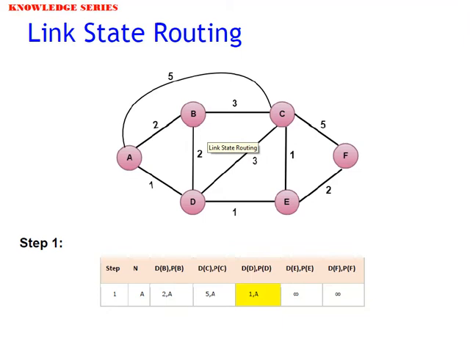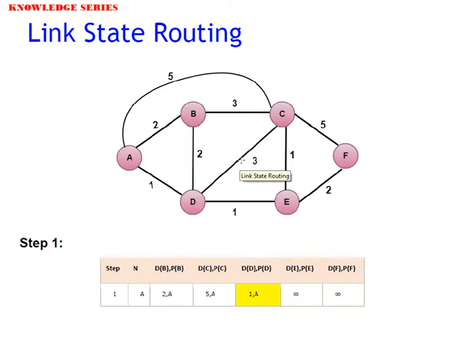So we will talk about these algorithms with respect to a numerical problem. Let us see how this numerical problem is applied to understand this example. As you can see, the network is shown here.